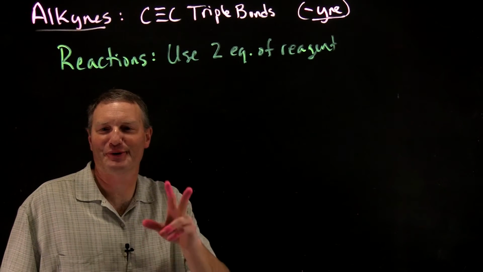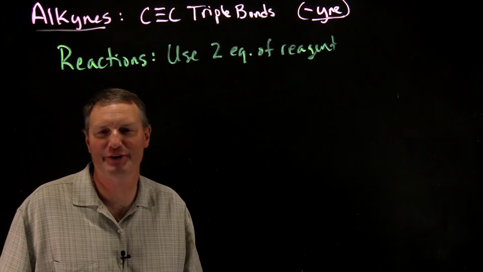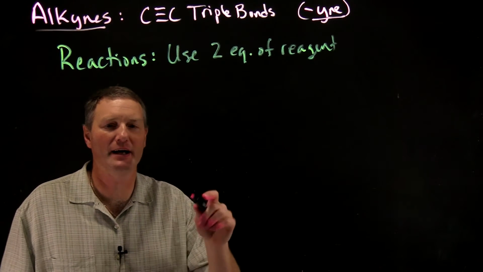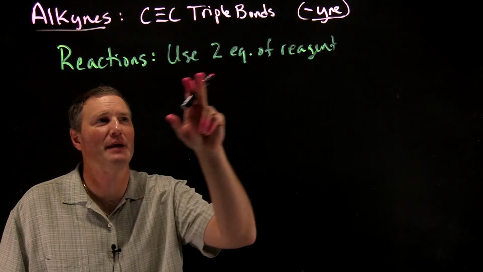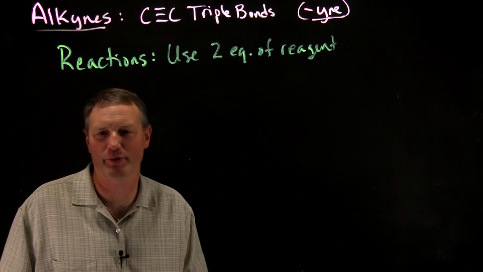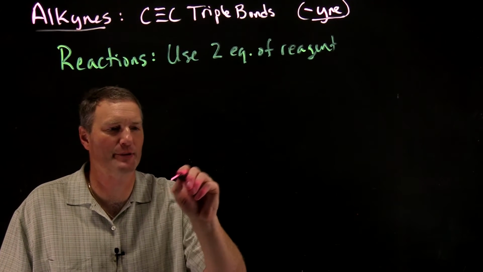Hi, welcome back. So let's take a look at some of the reactions that alkynes can undergo. Because of the nature of those 2 pi bonds, we're going to end up having to use 2 equivalents of whatever reagent we're going to react with the triple bond in order to get it to fully react.